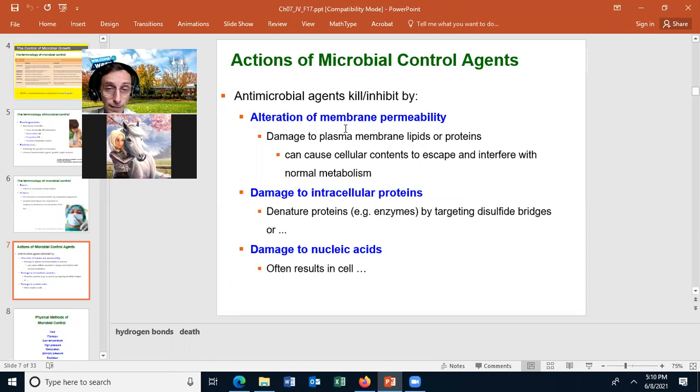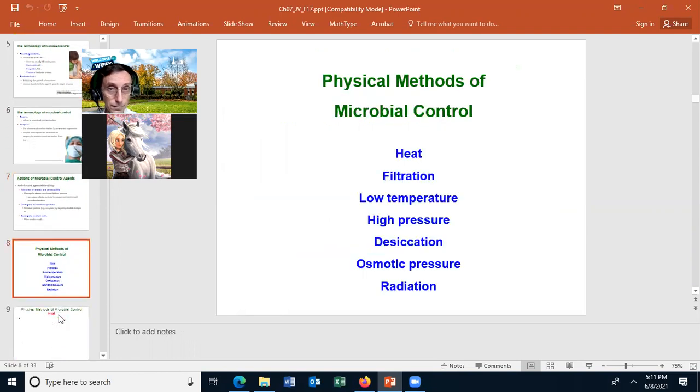It puts holes in them, and that would be an example of altering the membrane permeability. I gave you alcohol for denaturing proteins. You could also put the cell in too strong of a saline solution, and that would damage the proteins. Or the third way, radiation to damage nucleic acids.